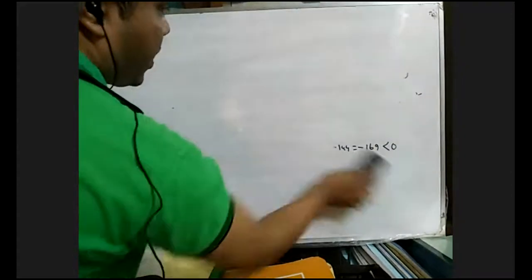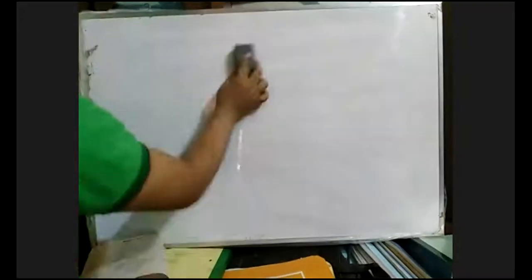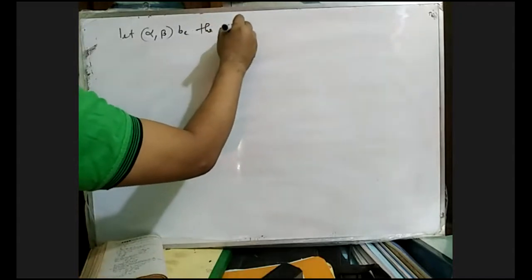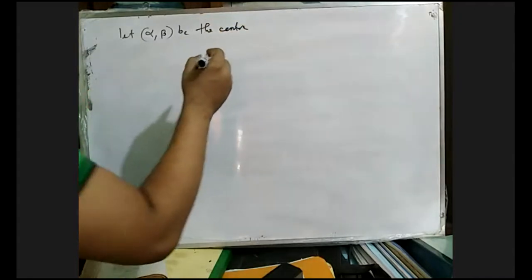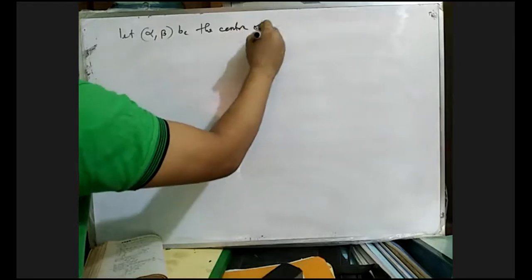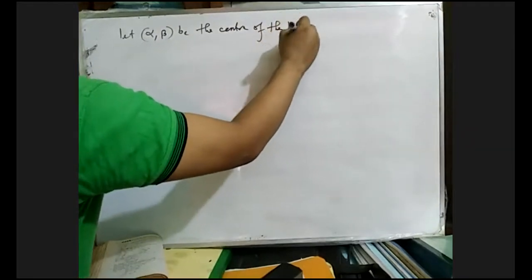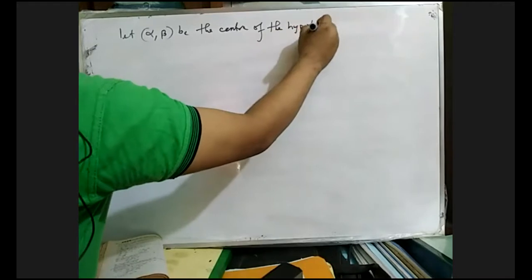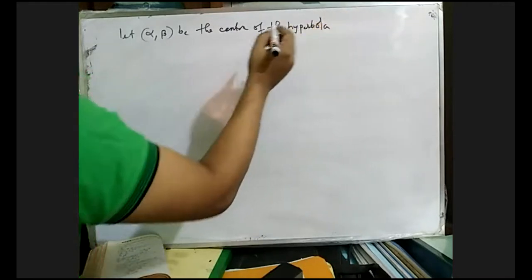Now we have to find the standard form of this hyperbola. Let alpha beta be the center of the hyperbola.